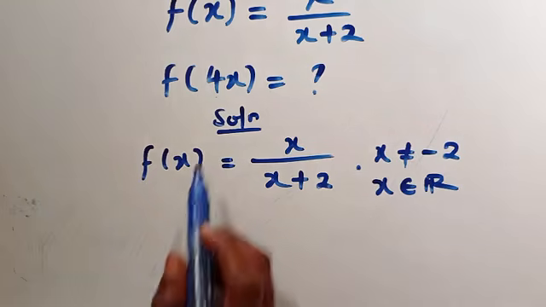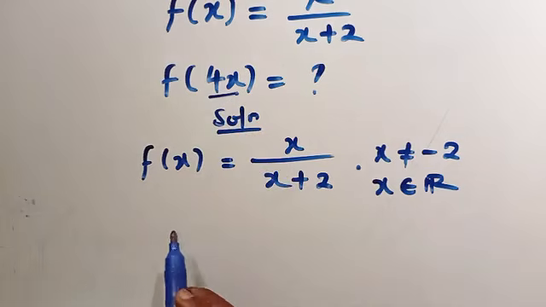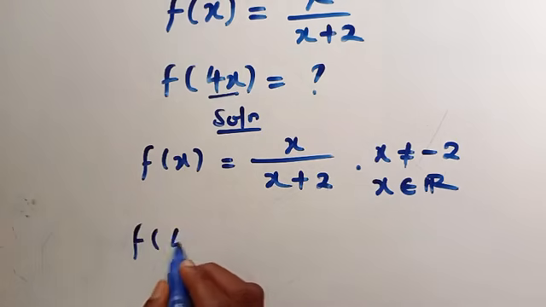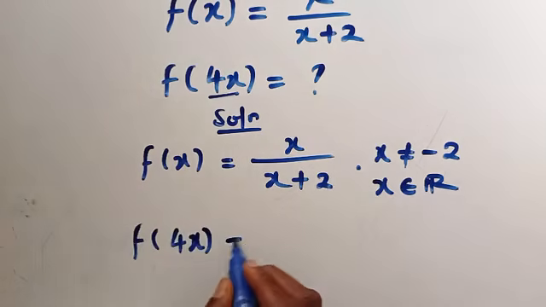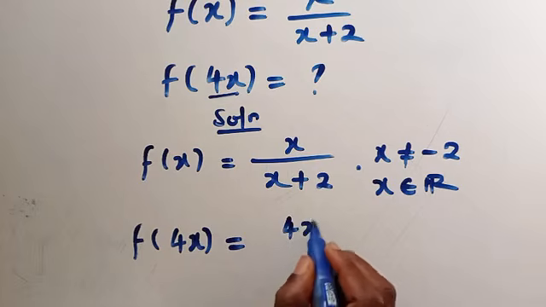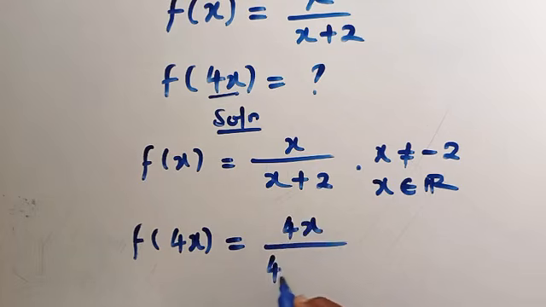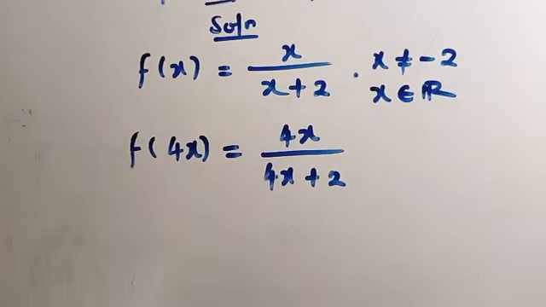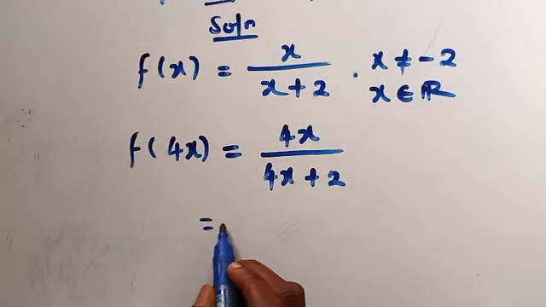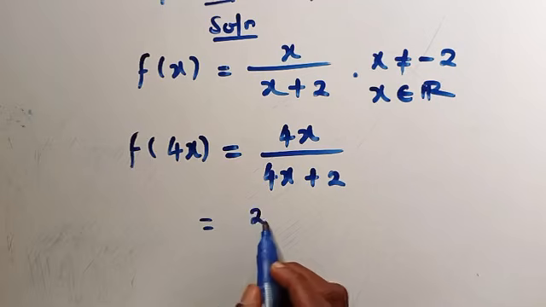So we try and substitute directly the 4x that we need into the function f of x. So we have f of 4x equals 4x divided by 4x plus 2. And by simplifying this, we have to factor out 2 here.